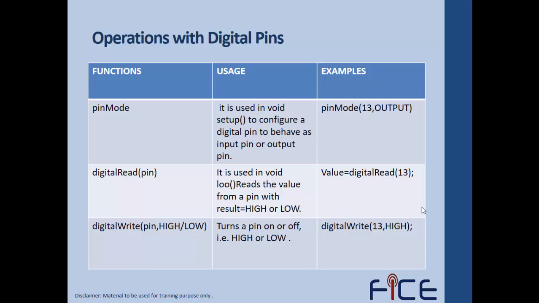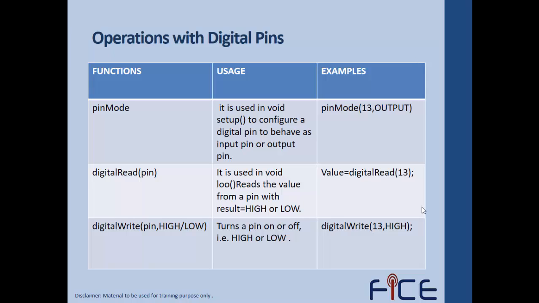In the example you can see that we are using the digitalRead API, and in the argument we have written pin number 13. This example shows that we are reading the value of pin number 13 and transferring that value into the variable value.